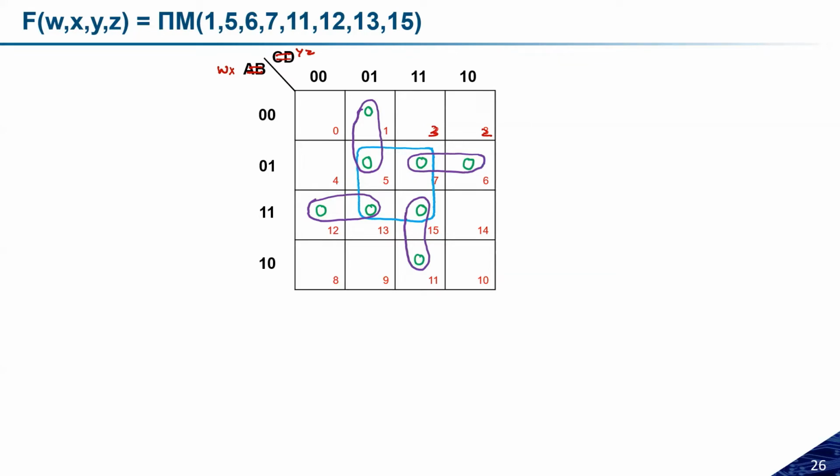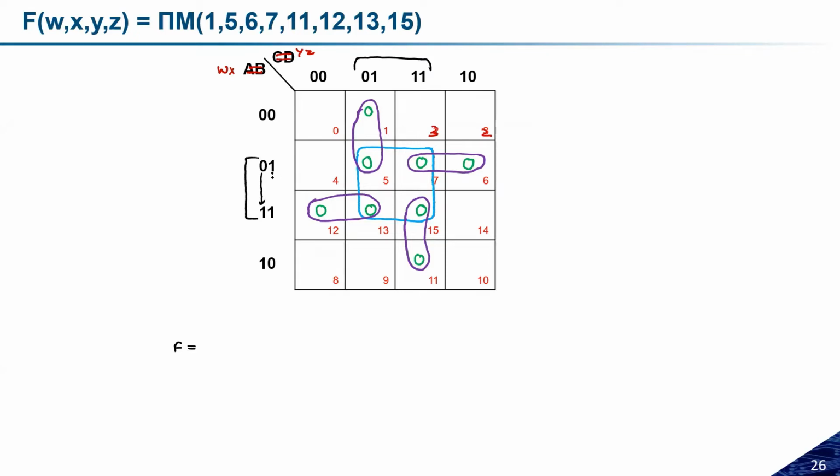Now, if we try to write the output function of this one, can anyone tell me what the output function will be? That will be simply, if you see the central one, this portion is covered and this portion is covered, and in this portion the first section is complementary, so W will be removed.